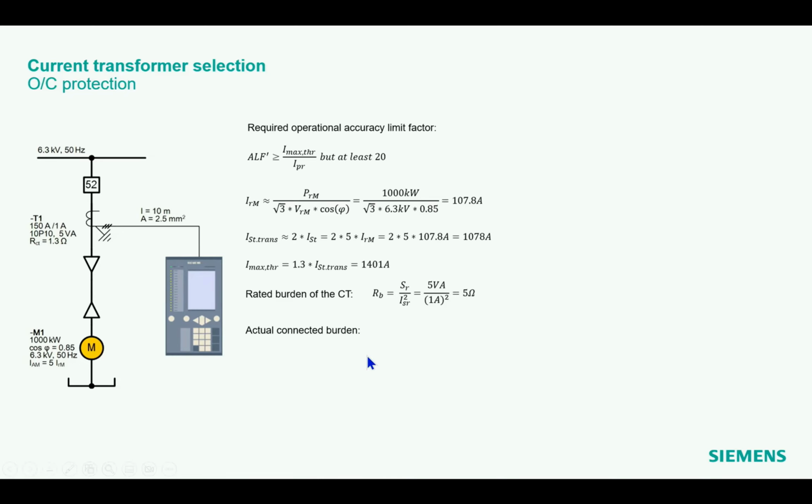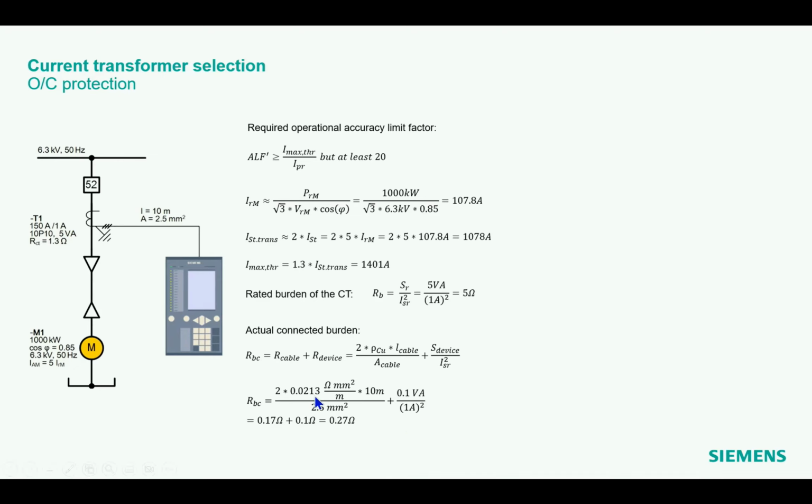Okay, the actual connected burden now is the sum of the resistance of the wiring and the burden we have inside the relay. Normally, the burden inside the relay is so small that you almost can neglect it. So this has not a real big influence, but the wiring normally does, and we see that here. So here is a formula to calculate the resistance of a cable with a certain length and a certain cross section.